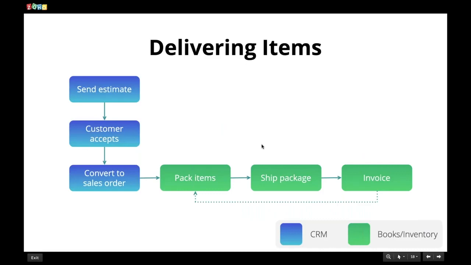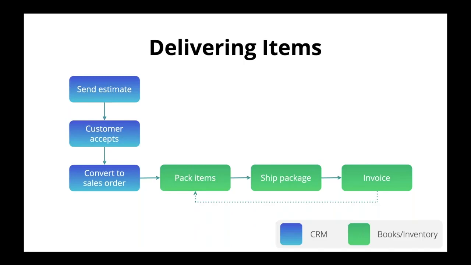Okay, so for the next phase of this webinar, I'm going to explain how you would run some of these core examples for different types of businesses, and I will be demoing the software live. If you're a company that delivers items to your customers, this is what a process might look like for you. I've also color-coded these diagrams based off of where you would do each thing.